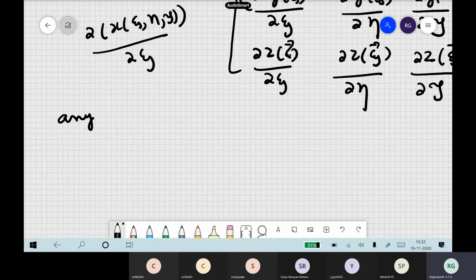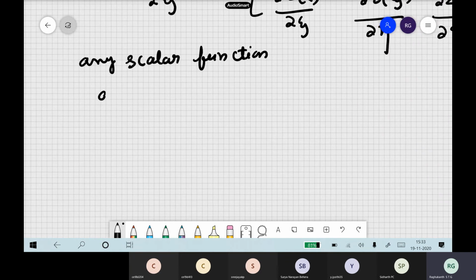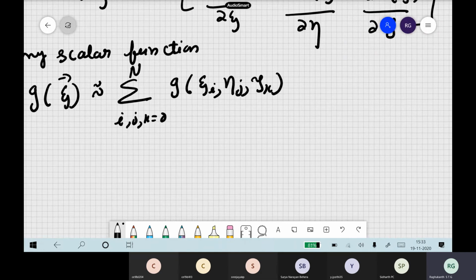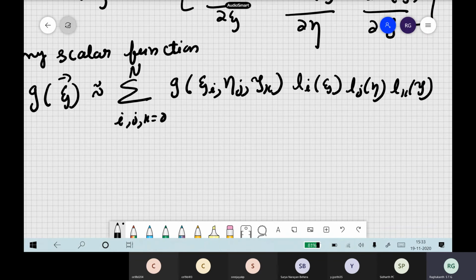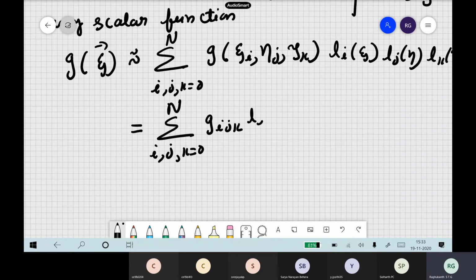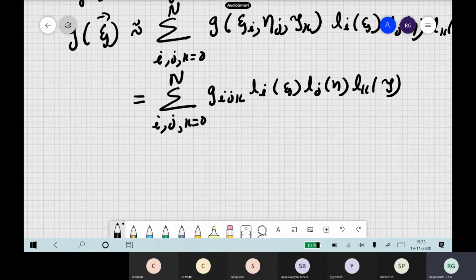Any scalar function in 3D, like density for example, g of psi, where psi is a vector here, we represent in terms of these polynomials. Sum over i, j, k equal to 0 to n of g of (psi i, eta j, xi k) times the product li of psi, lj of eta, and lk of xi. These are all the polynomials. Sometimes this is also written as the sum over i, j, k equal to 0 to n of g_ijk times li of psi, lj of eta, lk of xi. This is how we represent the Lagrange polynomials.